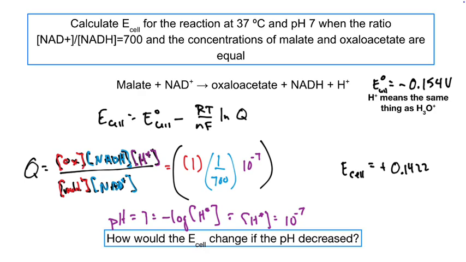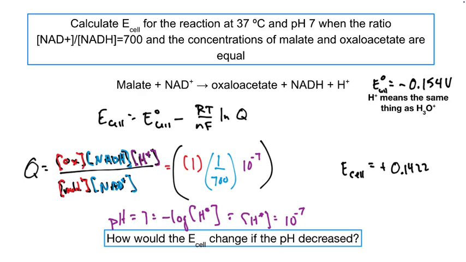Well, intermolecular forces change. We can denature proteins. We can destroy things. We could also look at how the solubility of individual ions changes through a chemical reaction. And we can now also see how the H+ concentration can affect the value of Q, which is going to affect whether the reaction actually occurs or not.